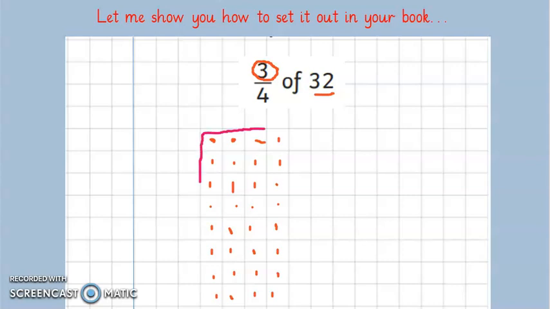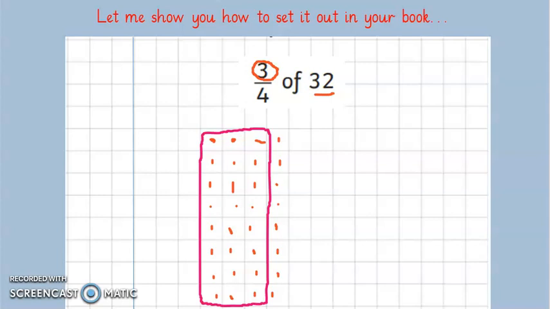I'm not very good using this pen on the computer, so sorry if it's a bit messy. But can you see how I have circled 3 out of my 4 columns? 3 out of my 4 columns have been circled, and then I can count how many counters or how many dots I have got in total inside my pink circle.